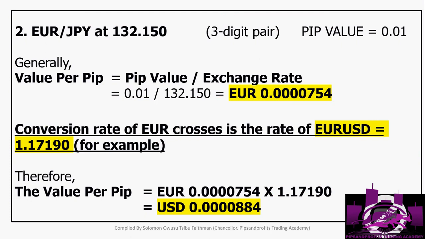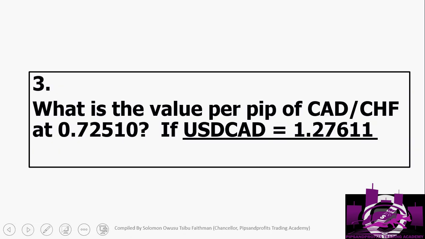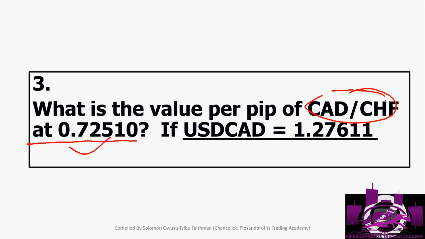Okay, let's see if we have more examples. If we don't, the last example. So now we are having CAD CHF over here. I was talking about CAD in the example. Now, what is the value per pip of CAD CHF at this rate? I want to give you the explanation, then you use it to get the answer for me.